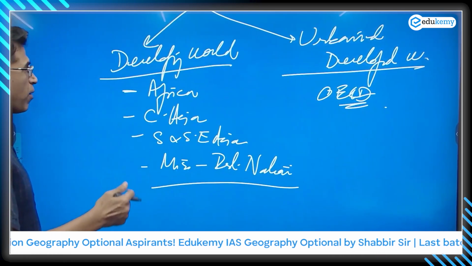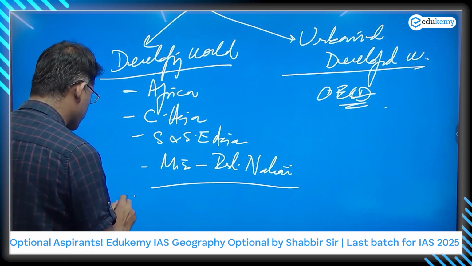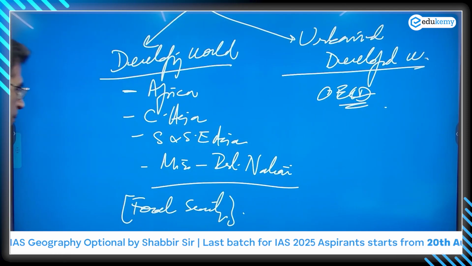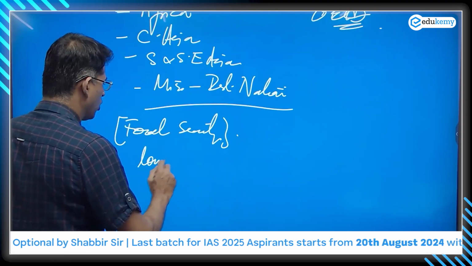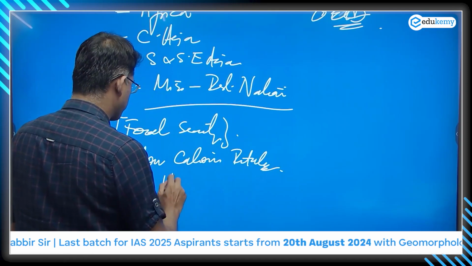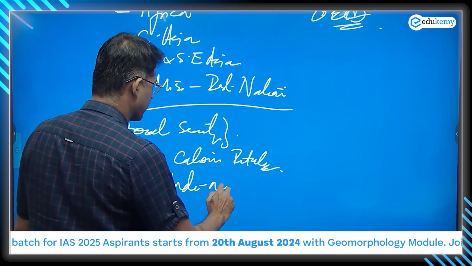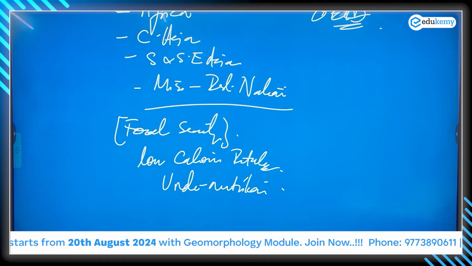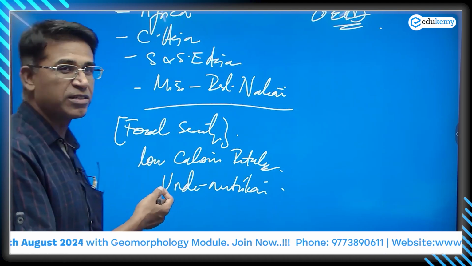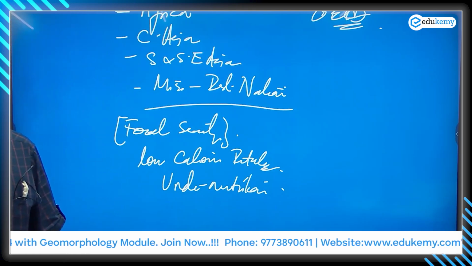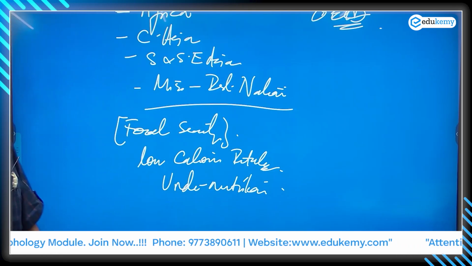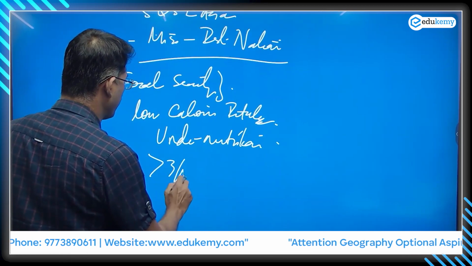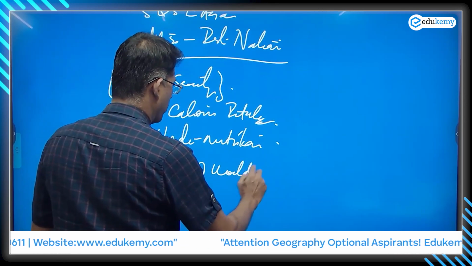Okay. If you look at the problem, the developing world has problems of food scarcity. And the problems are largely around low calorie intakes. This is problems related to undernutrition. Okay, so stunting, you have got wasting and a lot of vitamin deficiencies. Now, this world, they make up more than 3/4 of the world's hunger.